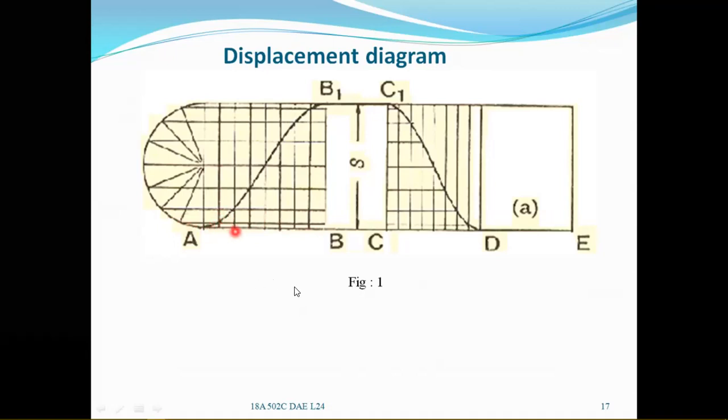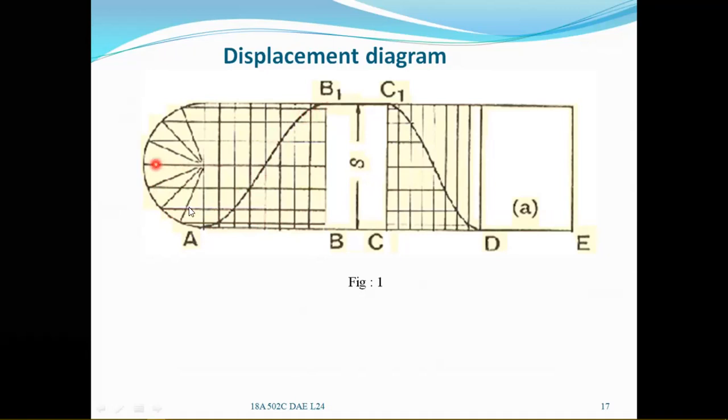Similarly, the vertical projector of the second point and the horizontal projector of the semicircle will intersect at one point, that is point 2. Similarly, the third point, vertical projector and semicircle horizontal projector will intersect at one point, that is point 3. Similarly, point 4 and point 5, point 6 and point 7, and finally point 8.